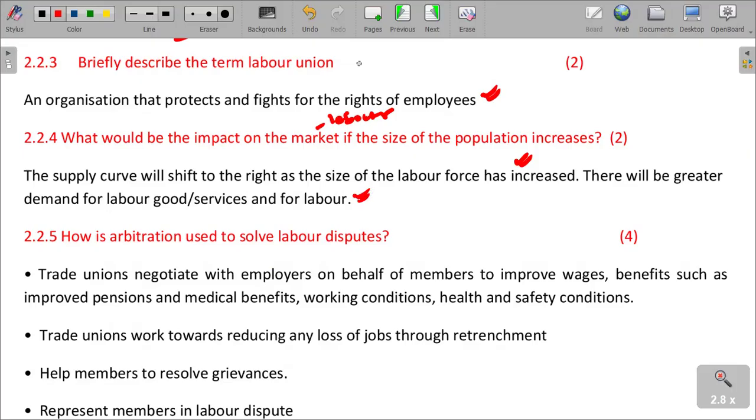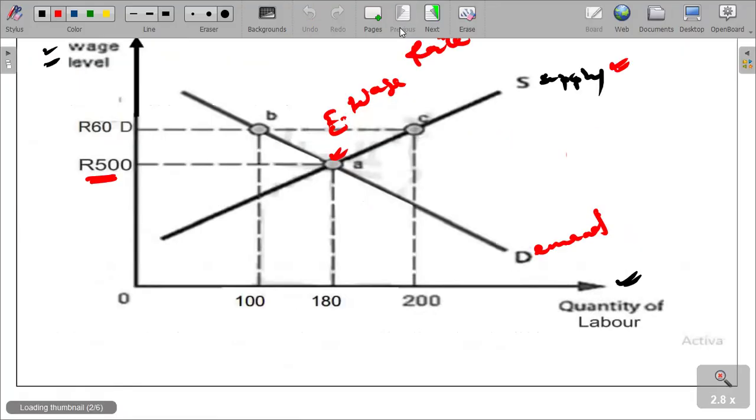So what would be the impact on the market if the size of the population increases? It would result in an increase in labor supply. That would also cause a greater demand for labor, because people are able to afford them. So with an increase in labor supply, the graph will shift to the right.